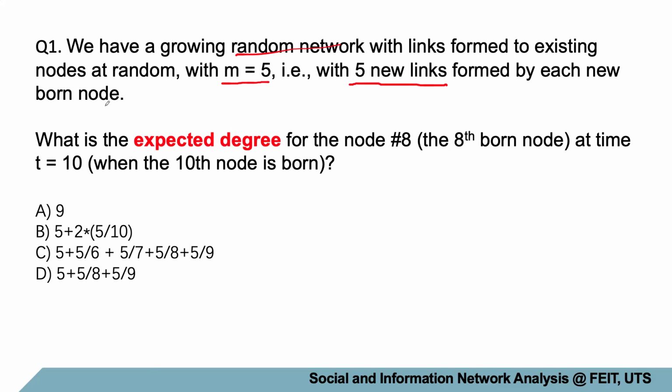So in this setting, what is the expected degree for node 8, that is the 8th node, at time t equals 10, that is when the 10th node is added? What's the expected degree for node 8? I'll give you 3 minutes for this question.